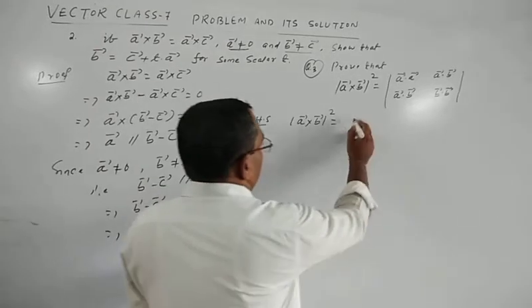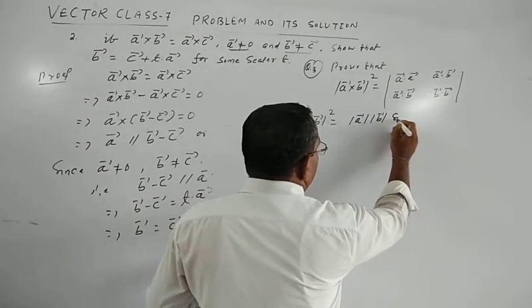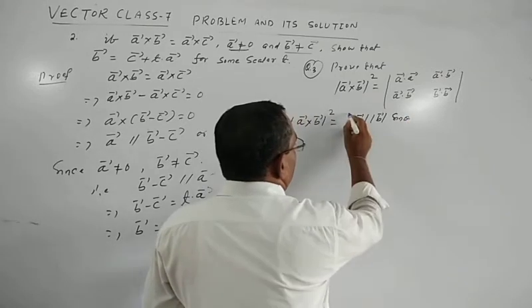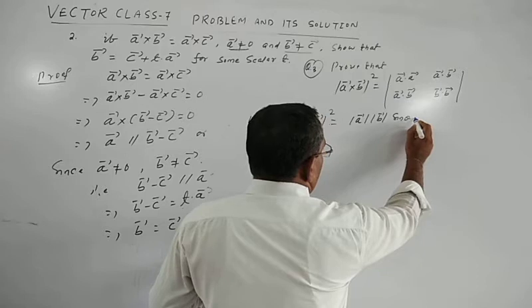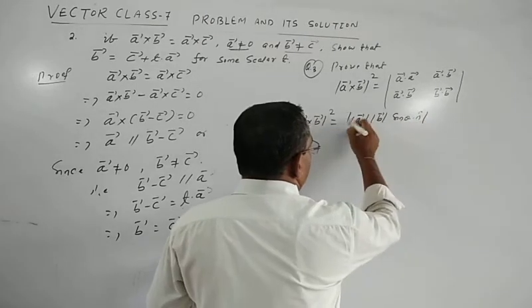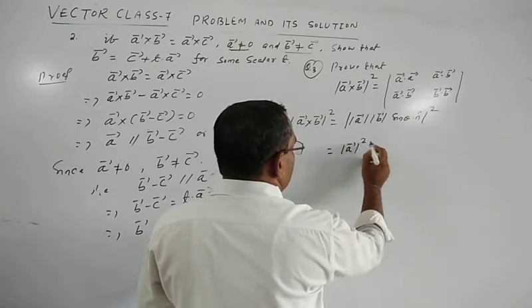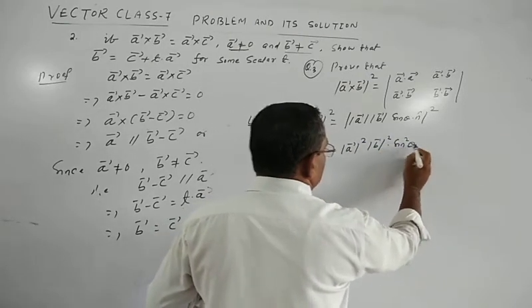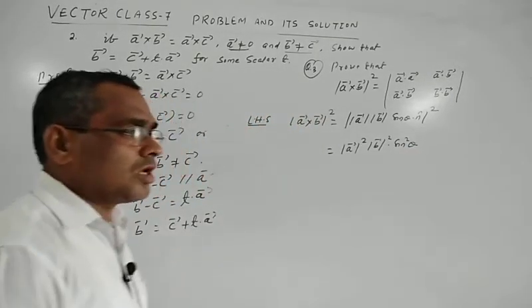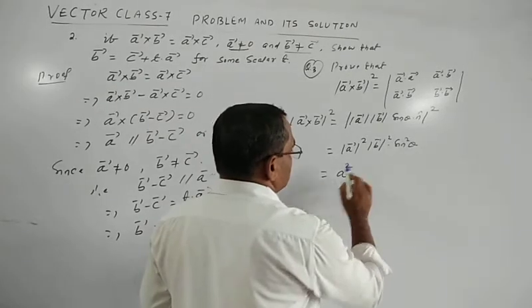So this is equal to the magnitude square of A, B, sin theta, into n cap whole square, which is equal to A magnitude square, B magnitude square, sin square theta. But n cap magnitude square is equal to 1. A vector magnitude square is A square.